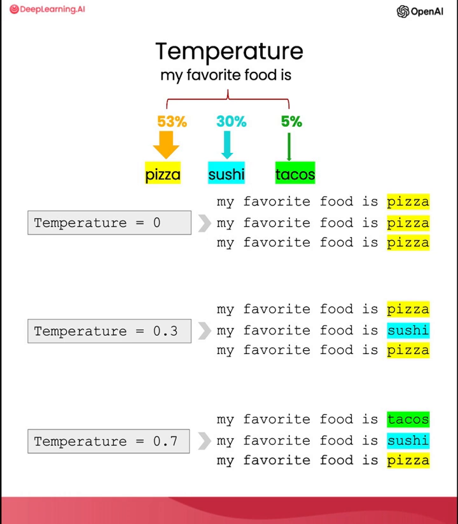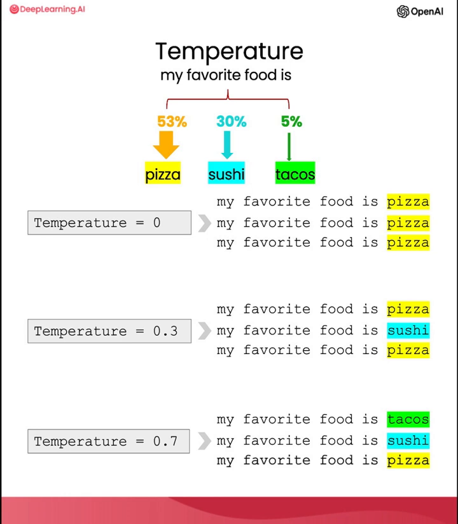You can imagine that as the model continues this response, so my favorite food is pizza, and it continues to generate more words, this response will diverge from the other response, which is my favorite food is tacos. As the model continues, these two responses will become more and more different.